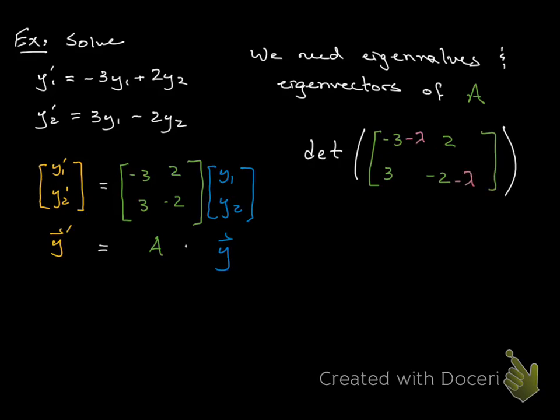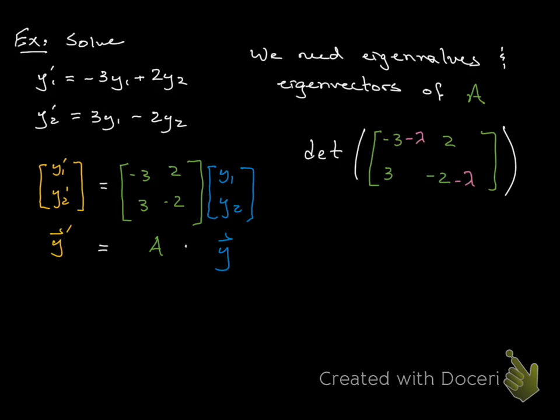It's the determinant of minus 3 minus lambda, 2, 3, and then minus 2 minus lambda. Of course, in the last video I posted, they did things a little bit differently. They did lambda I minus A. It does not matter. Just pick a way that you like and stick with it. I always have done it this way, A minus lambda I. So I find that determinant.